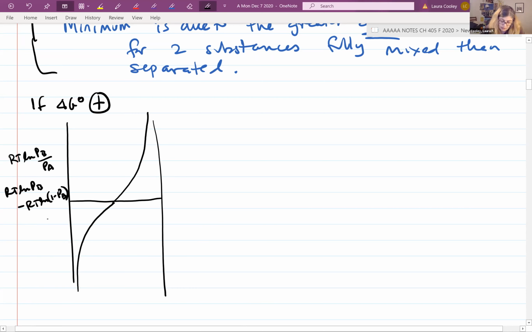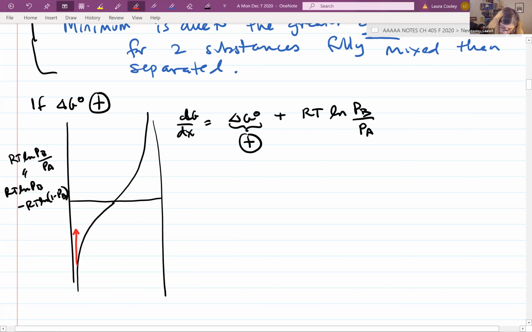That's how I showed it to you, but it's the same thing. Now dG/dx is always delta G0 plus RT times the log of, for this simple case, PB over PA. If delta G0 is positive instead of 0, it's like adding a positive amount onto this graph, so you end up with a curve that looks something like this.